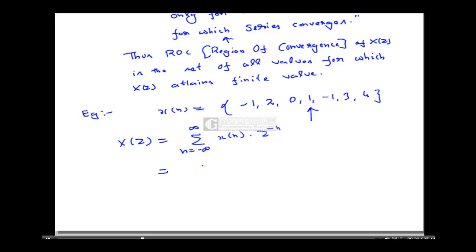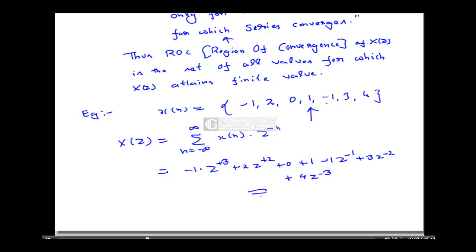This will become -1 z plus 3 plus 2 z plus 2 plus 0 plus 1 -1 z^-1 plus 3 z^-2 plus 4 z^-3. So this will be the Z transform for this finite duration signal.